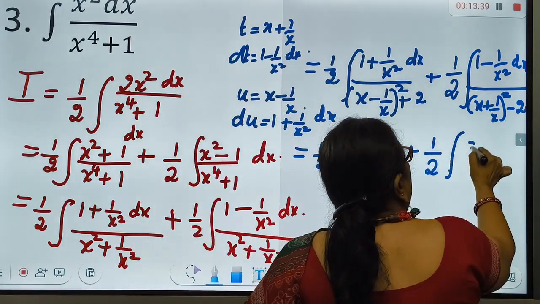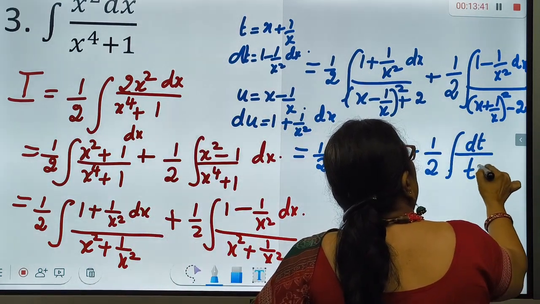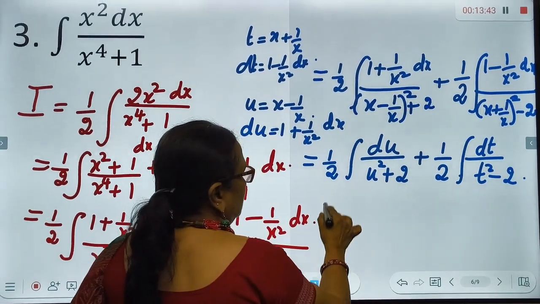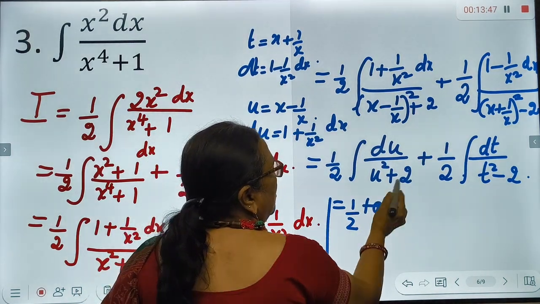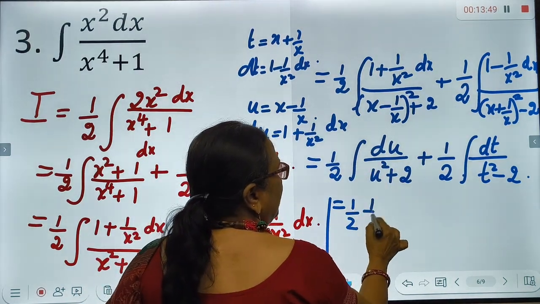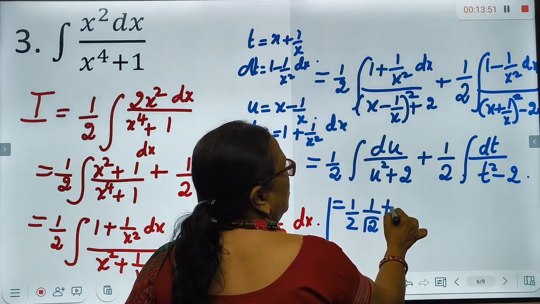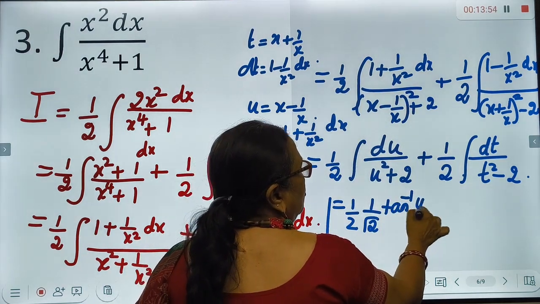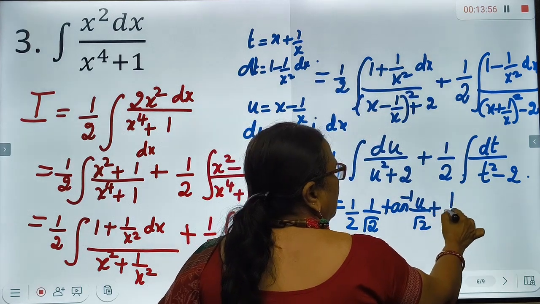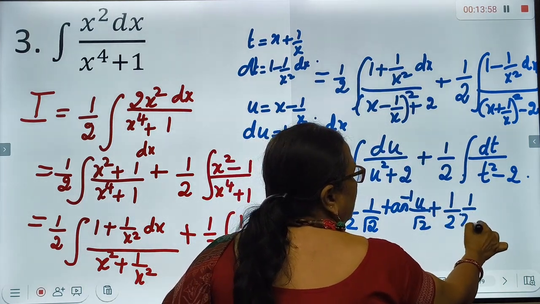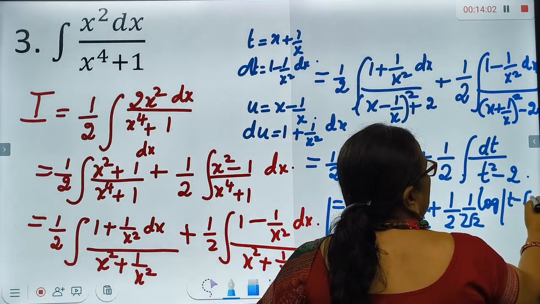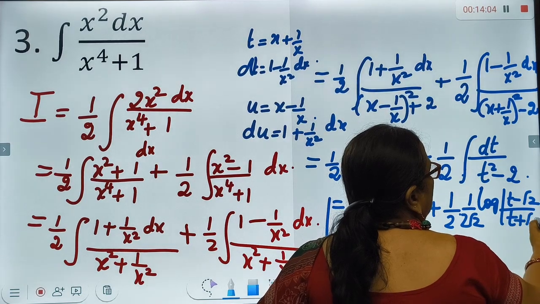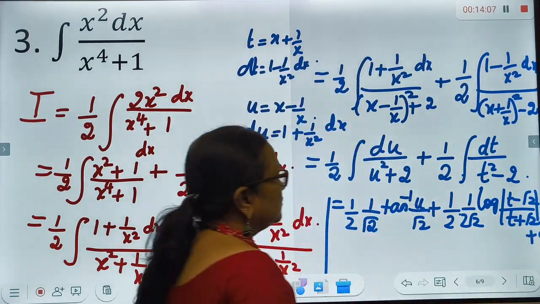So this will be dt by t square minus 2, which is of the form x square plus a square. How will you integrate? 1 by a tan inverse x by a. So 1 by root 2 tan inverse u by root 2, plus 1 by 2 into 1 by 2a, 1 by 2 root 2 log mod t minus root 2 by t plus root 2, plus c.